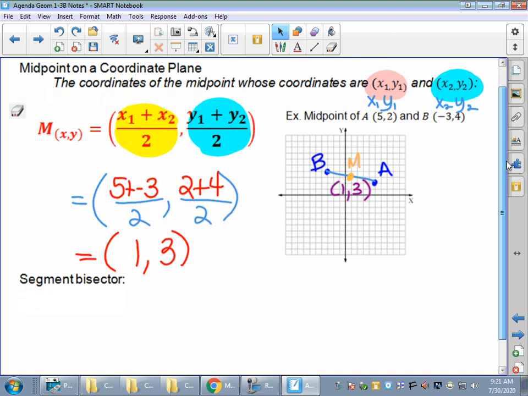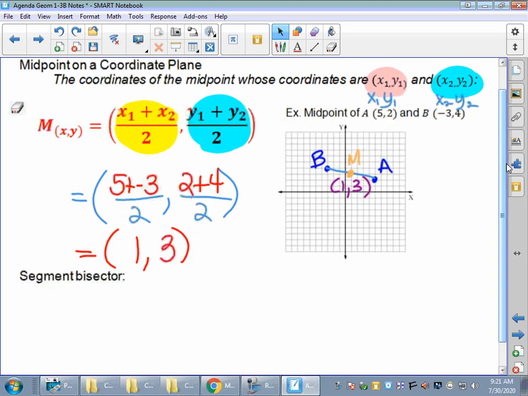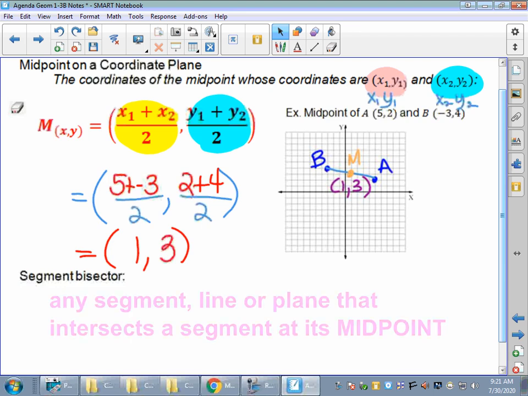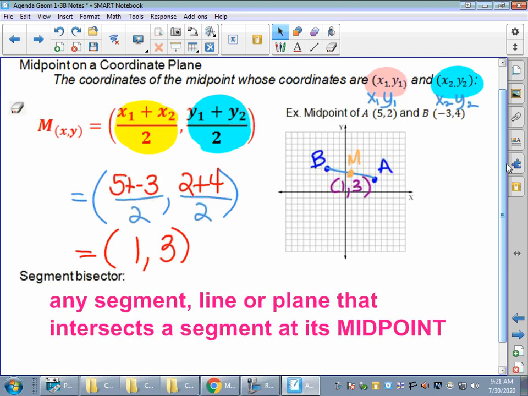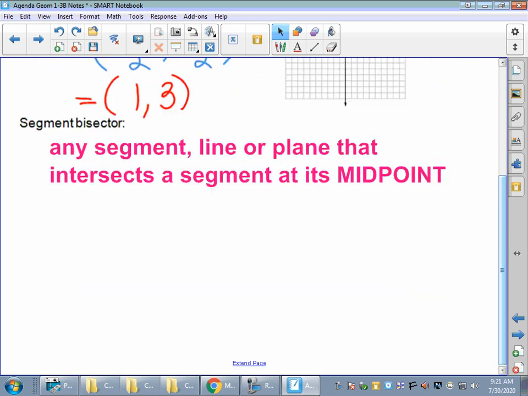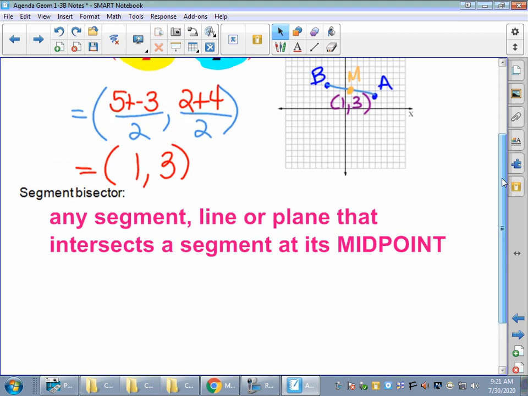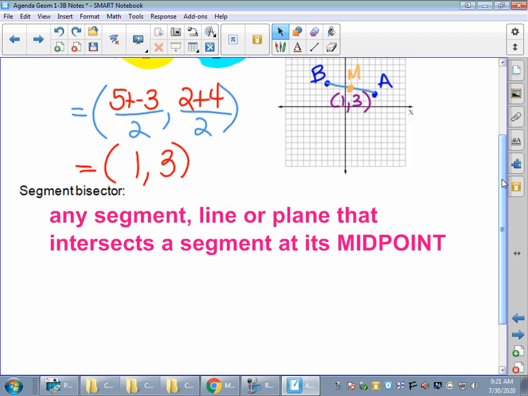So this, I scrunched this onto the same page because a segment bisector is any segment, line, or plane that intersects a segment at its midpoint. So midpoint, this is crucial. So point M is the midpoint.